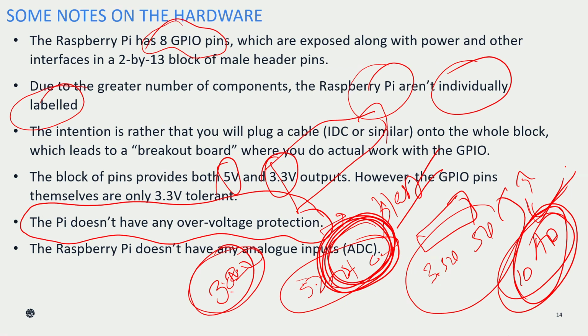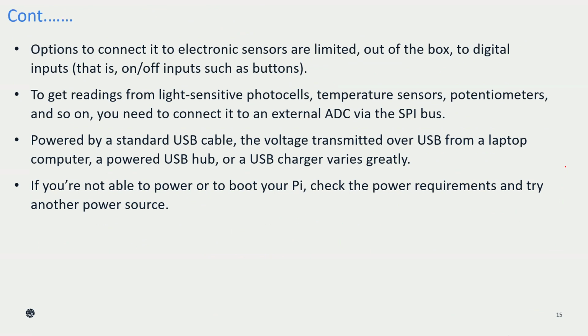Otherwise it won't give you the output, because an A to D conversion module is not present in the Raspberry Pi. So remember one thing: you should apply the A to D conversion externally.